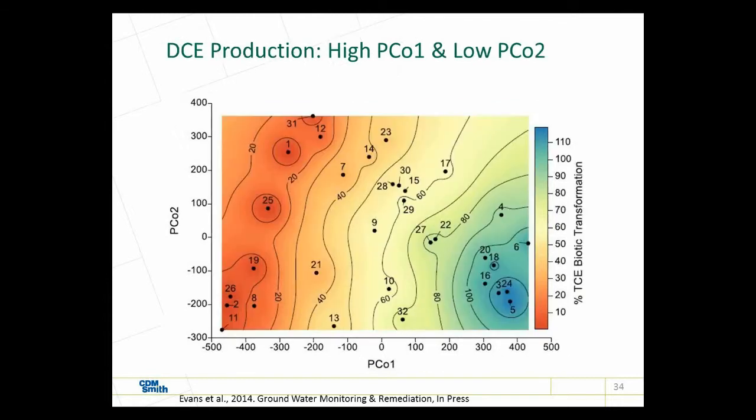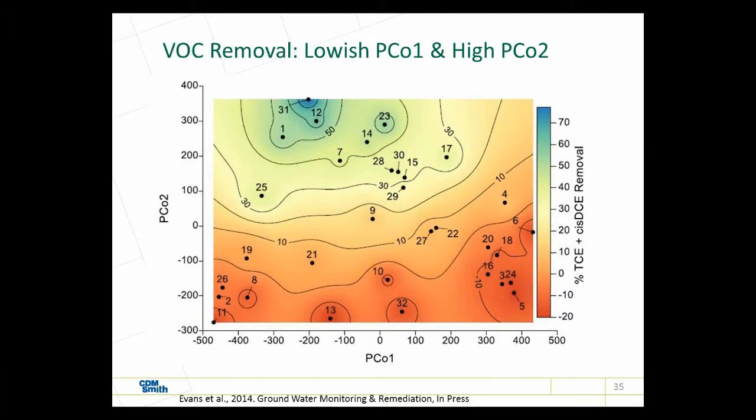If we look at DCE production, so this is our biotic transformation of TCE into cis-DCE, we find out that this is down in this lower right-hand corner. So again, this is where this biotic transformation pattern is. If we take a look at the biogeochemical transformation, so this is complete removal of TCE and cis-DCE, and so no accumulation of our daughter products, we find that this is up in this zone.